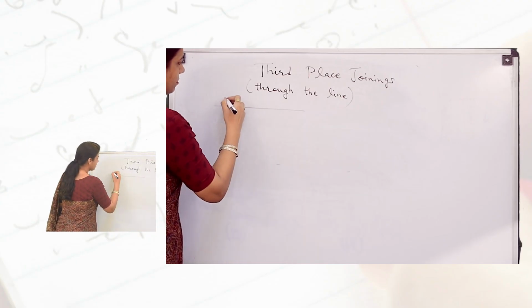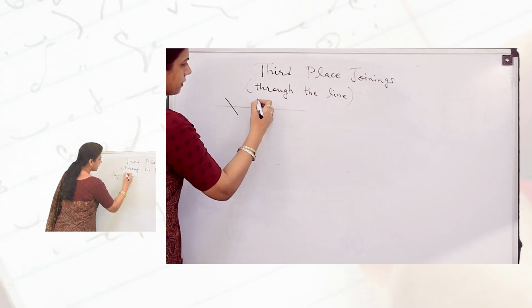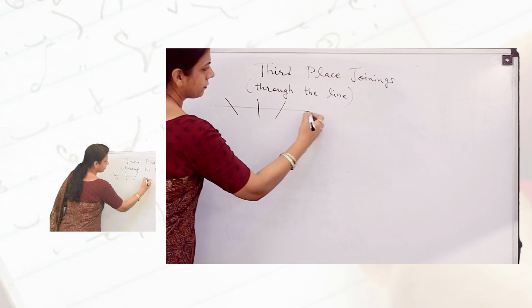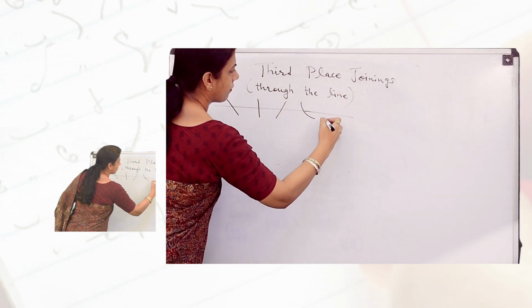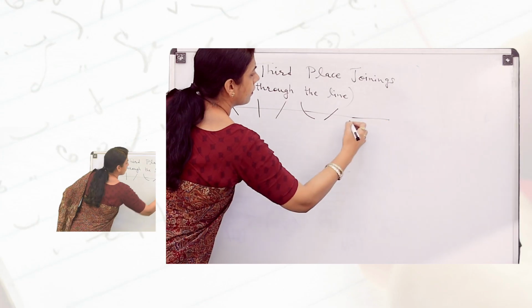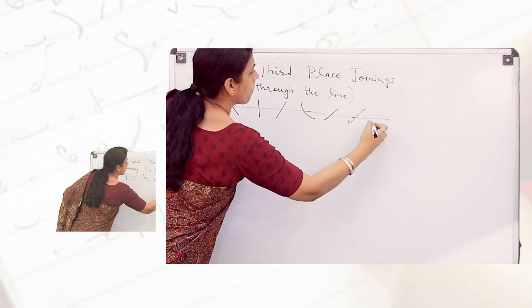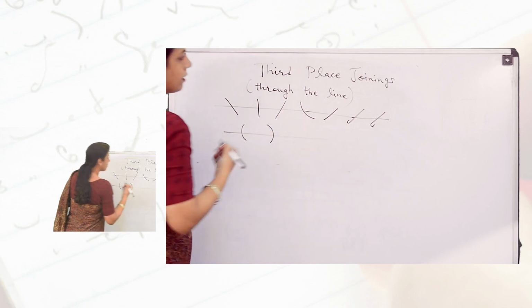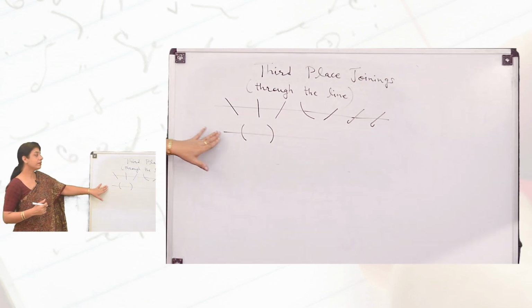Through the line means, see, P, T, Ch, F, Re, Ve, Ye, It, S. Now what I have done, I have made these consonants.